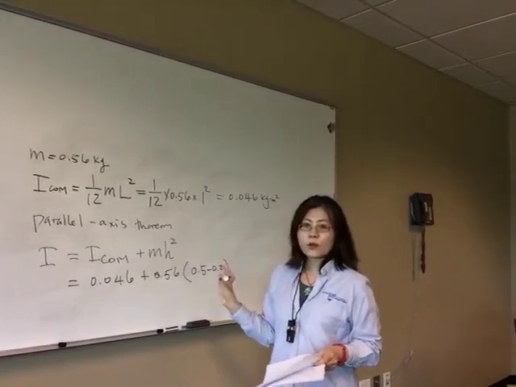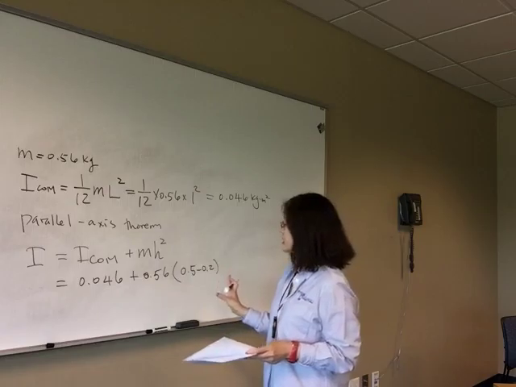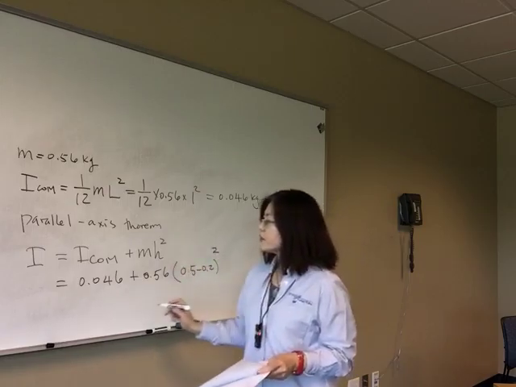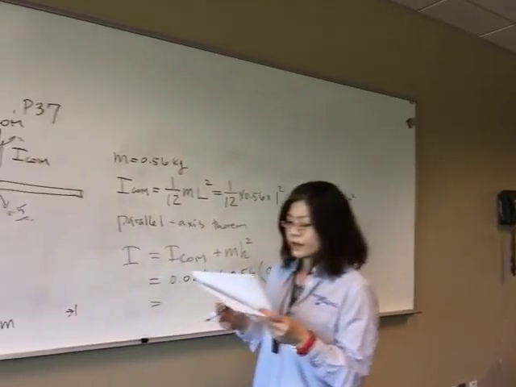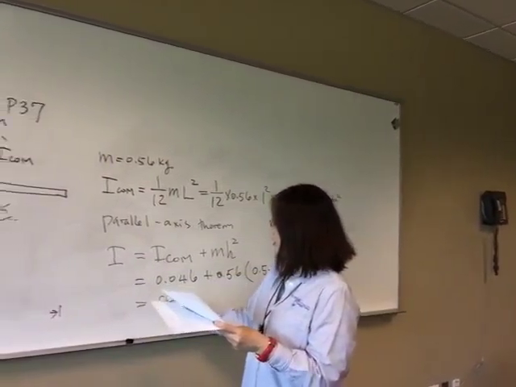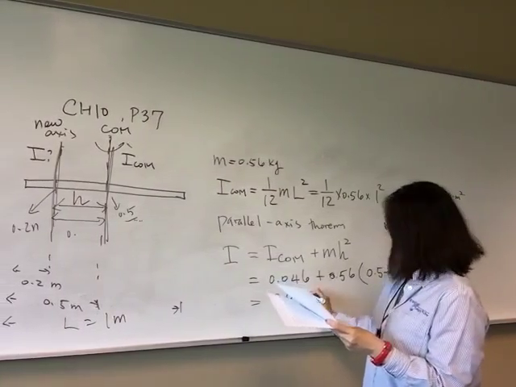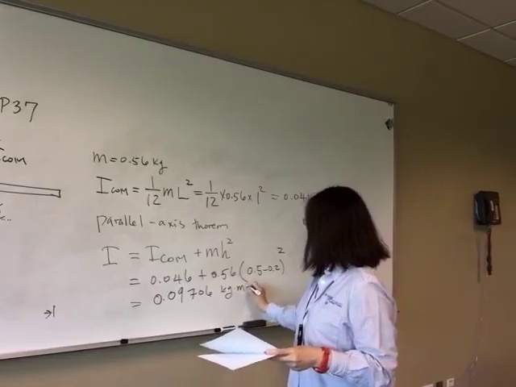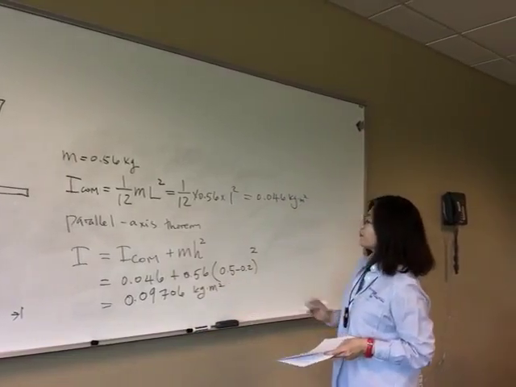That's the separation between the two axes, and then the difference, you square it. Okay? So after you plug in the numbers and calculate this, you get your new rotational inertia, which is 0.09706 kilogram times meters squared.